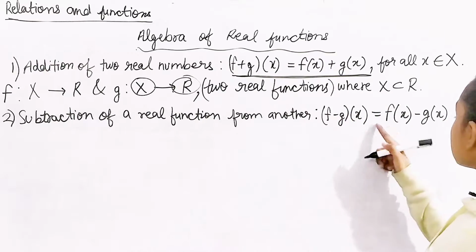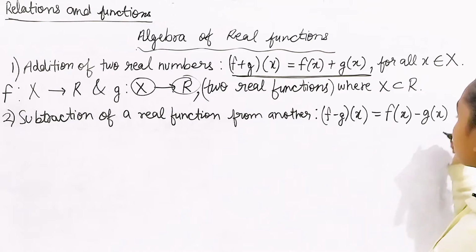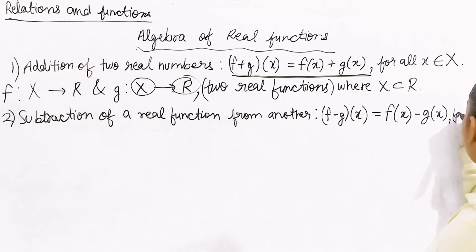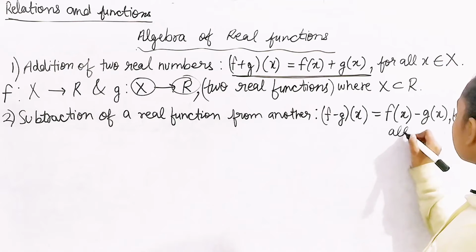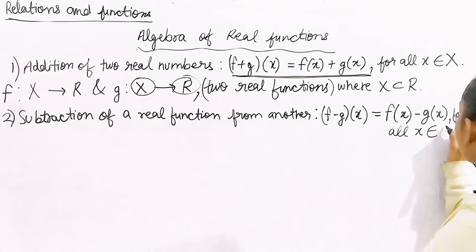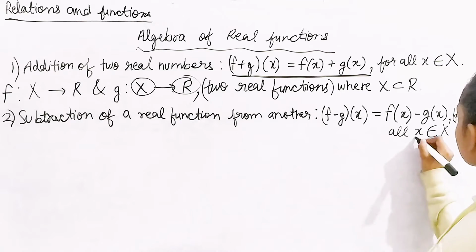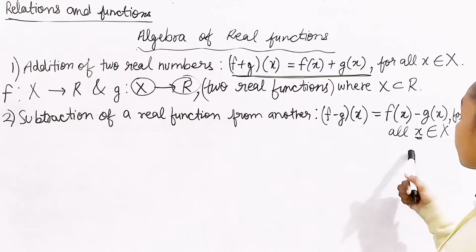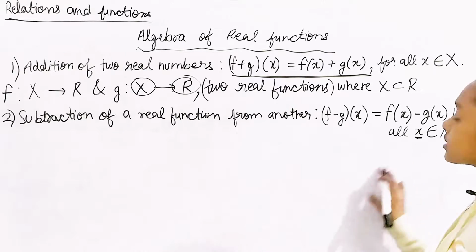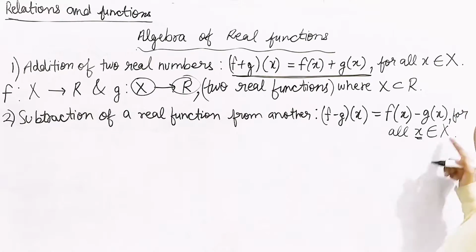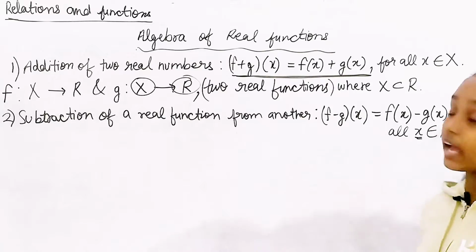So it is equal to f of x minus g of x for all x belongs to X. So every element x in the set X we're having.